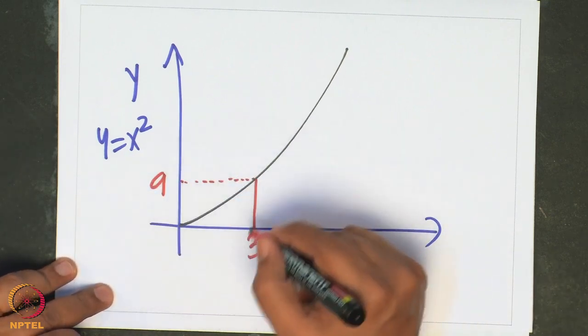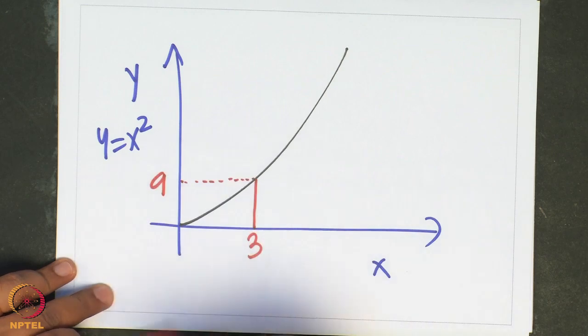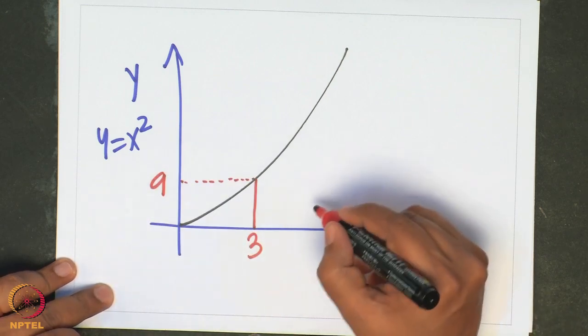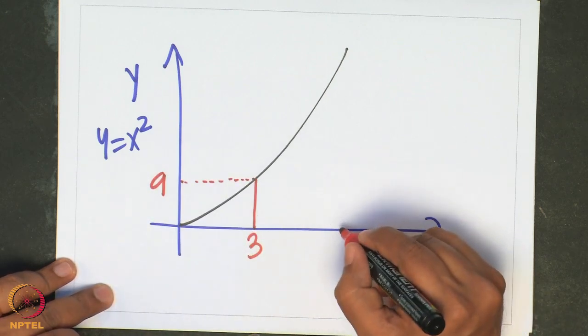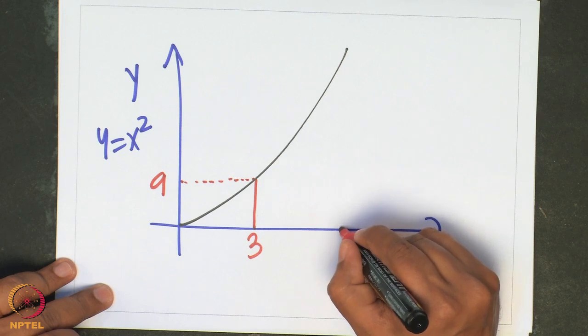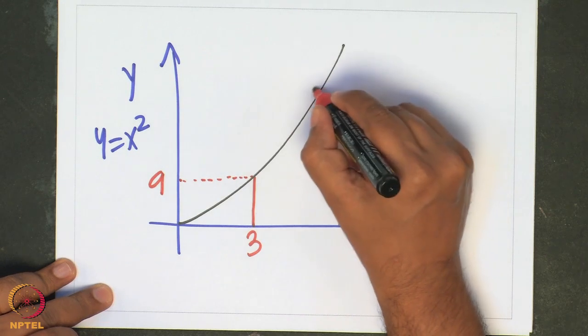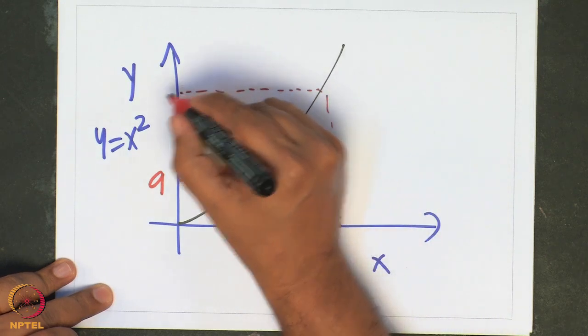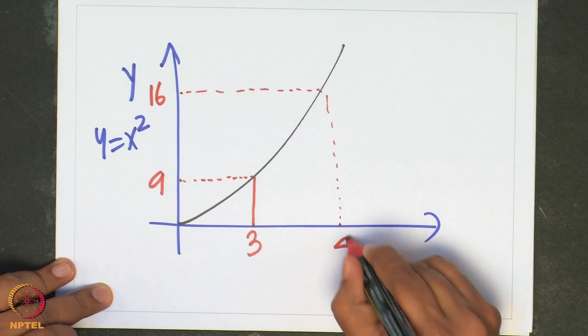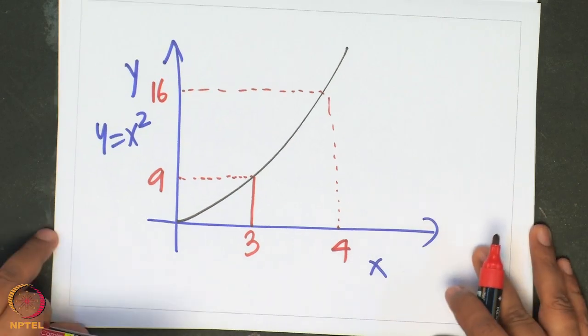Y is equal to x square, so 3 square is 9. If I take 4, we already know 4 square is 16.